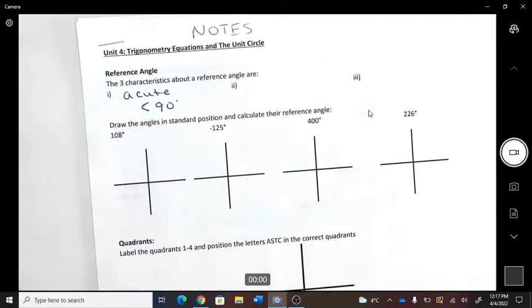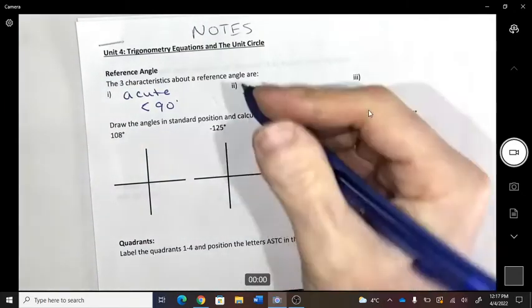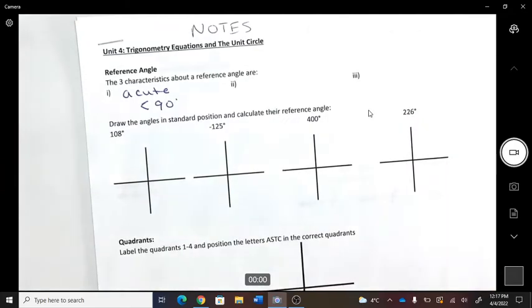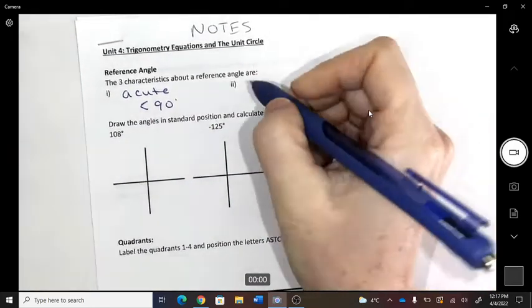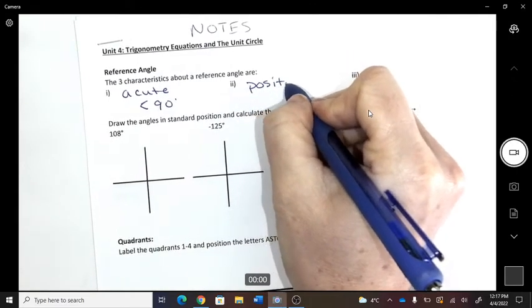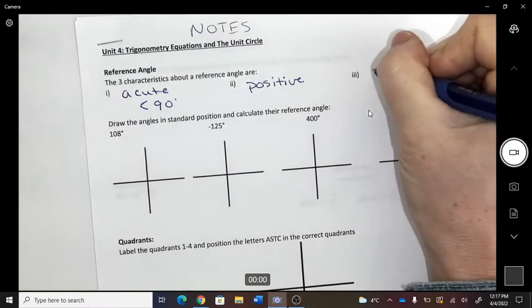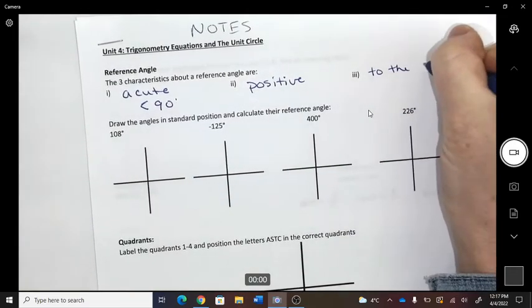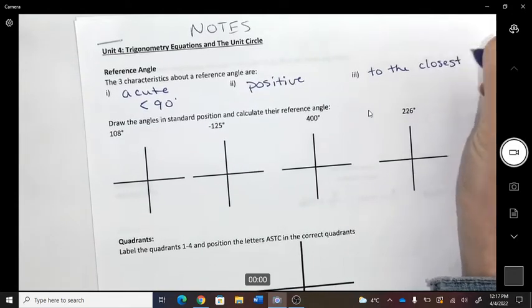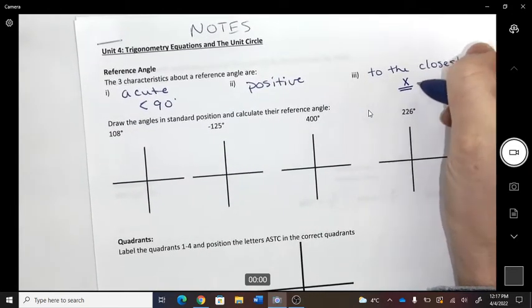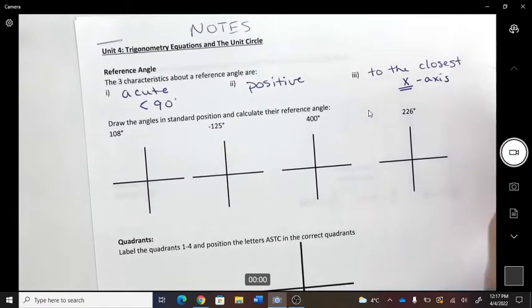So it has to be something, well, I guess acute or equal to 90, but usually it's acute. It's always positive. And it's always to the closest x-axis.